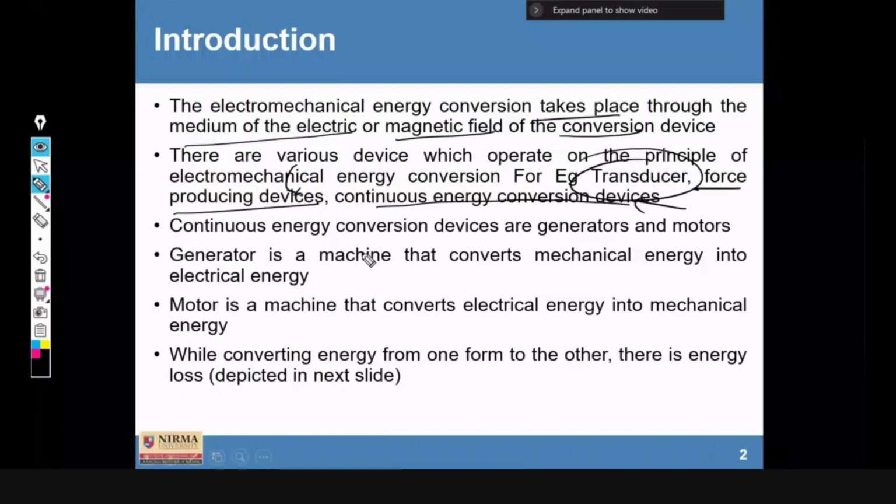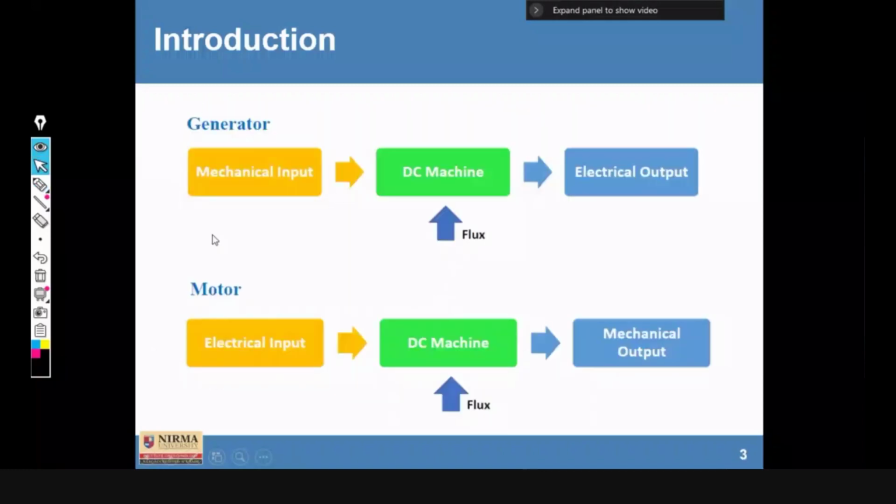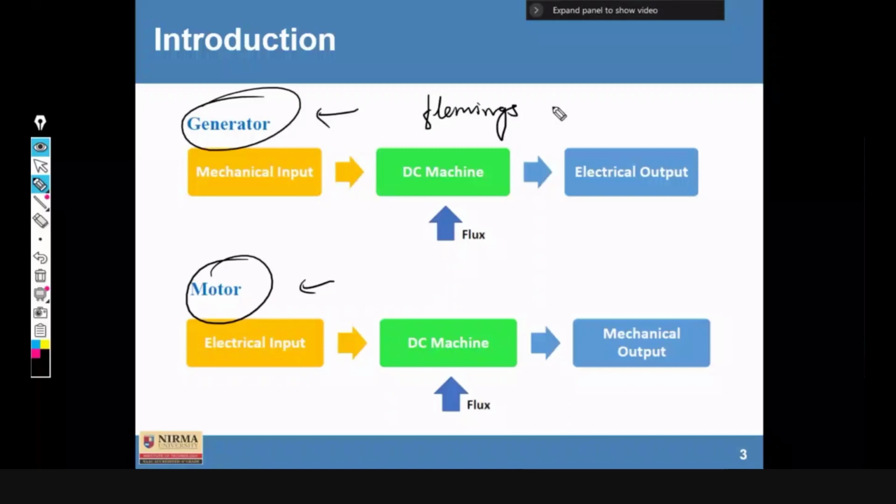Here, for the generator and motor, you have studied Fleming's right-hand rule and left-hand rule.